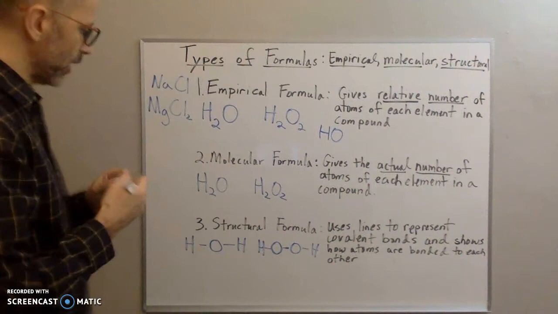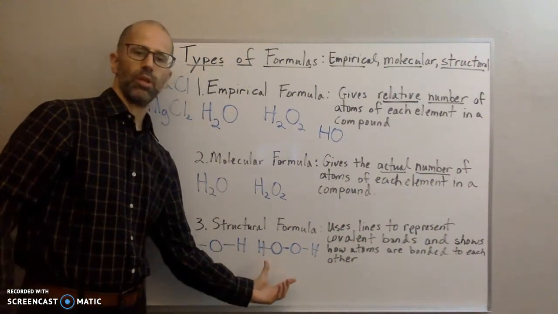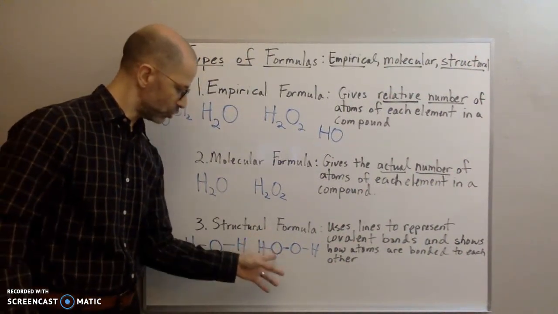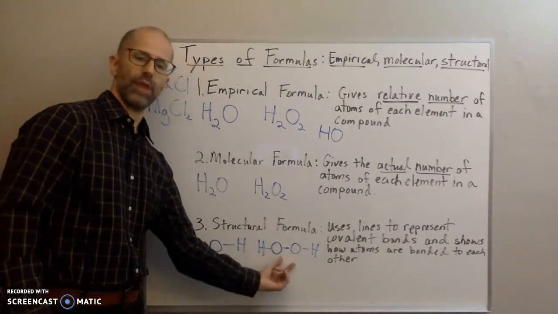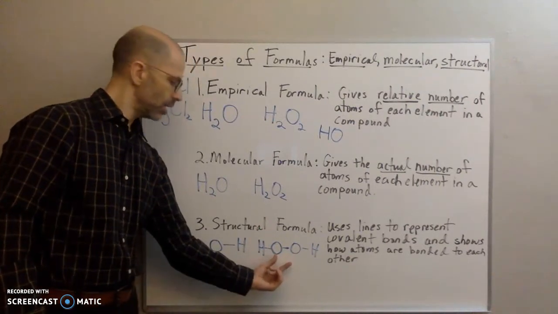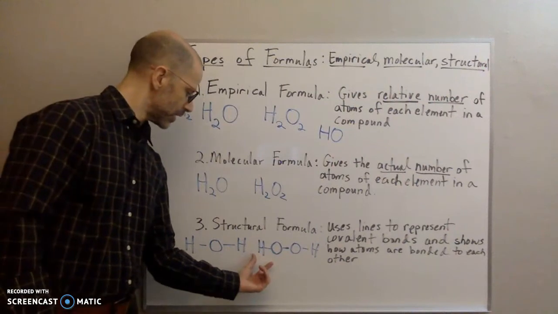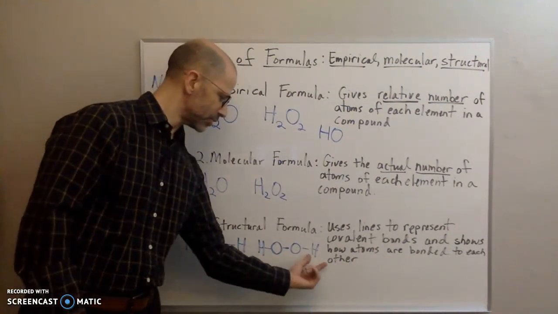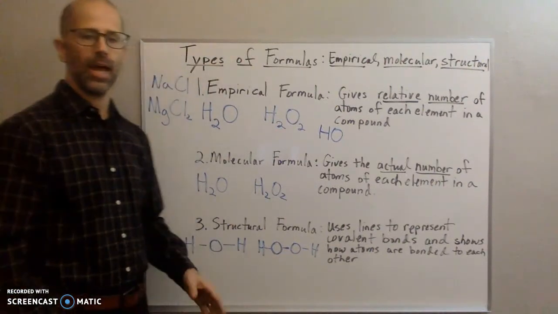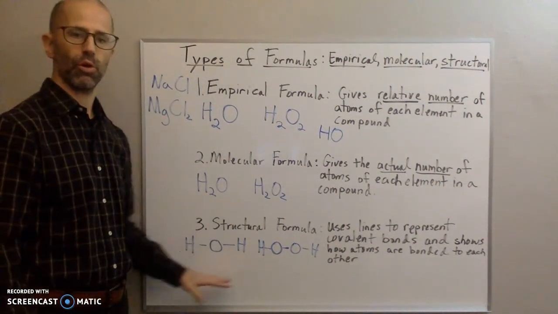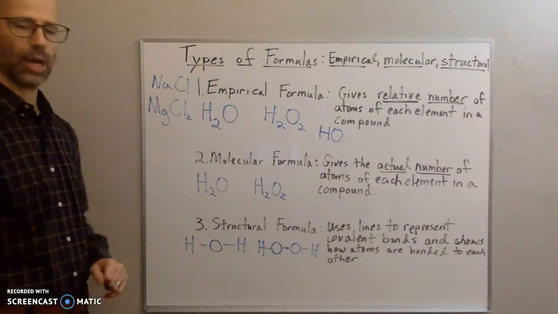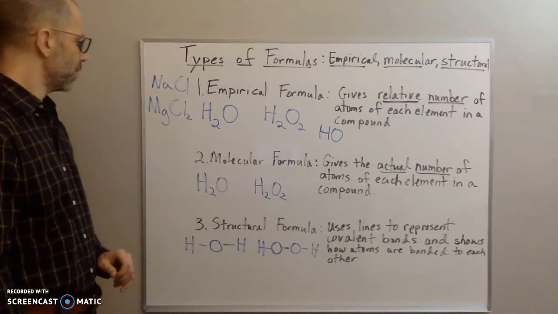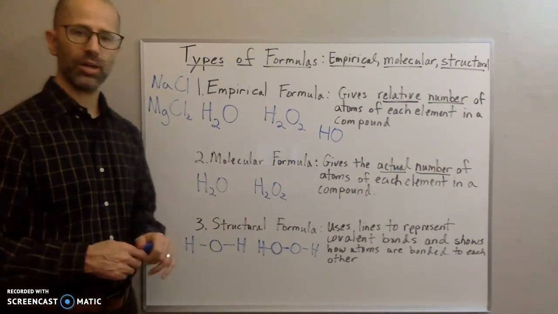Okay, so here the structural formula of hydrogen peroxide is showing you that the 2 oxygens are bonded directly to each other. And you can see that each hydrogen is bonded to one oxygen. And so these are the structural formulas for these 2 compounds. Okay, I hope that was clear.